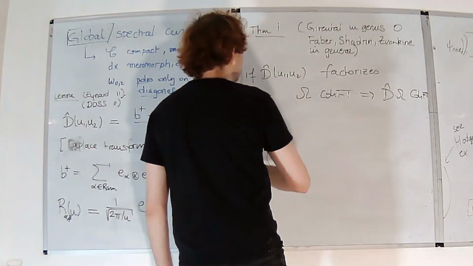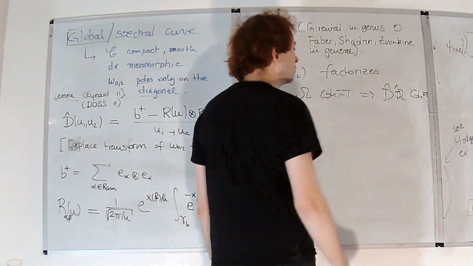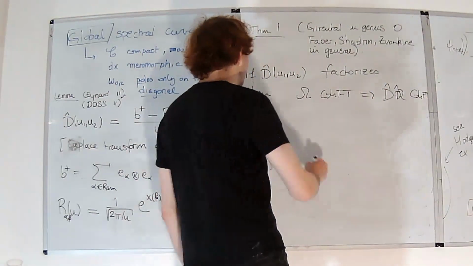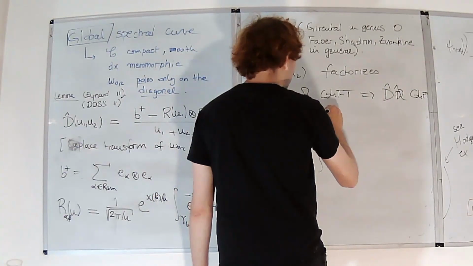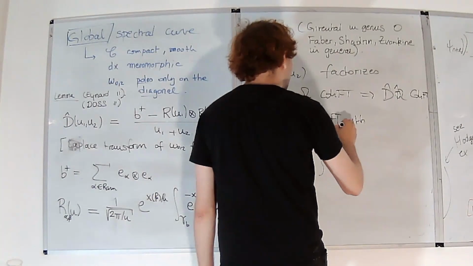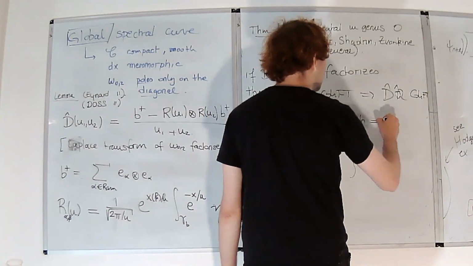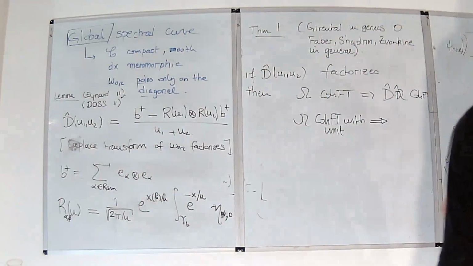And you can actually do a T if you want. But if you want Omega CohFT with unit, if you want to preserve the unit, so perhaps I should write.